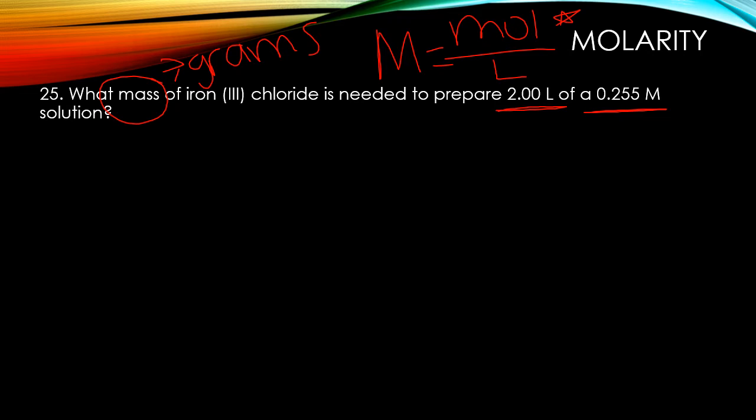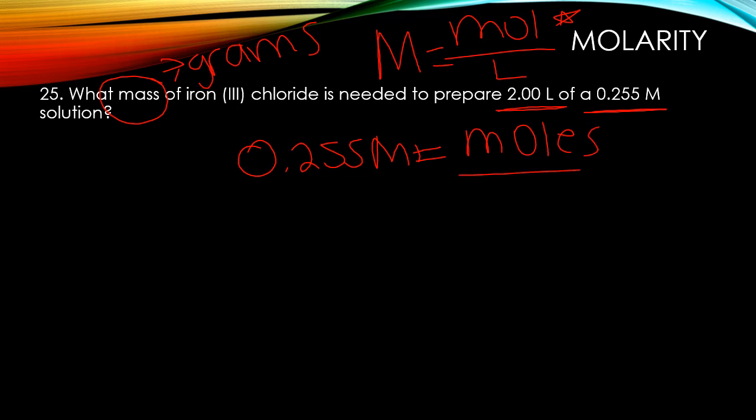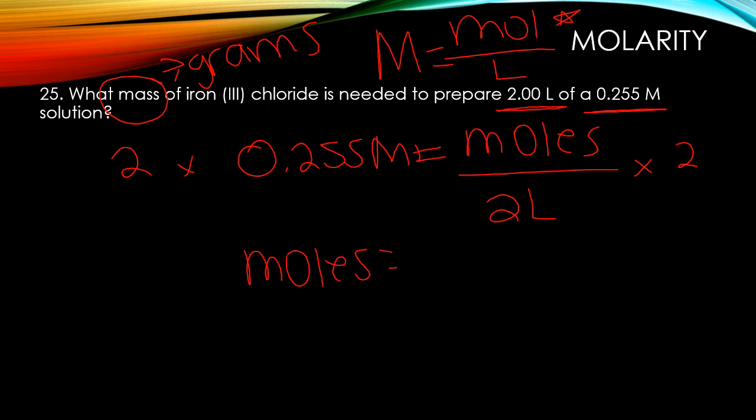And so we will have to solve for moles first, and then we can solve for grams. Okay, so I have my molarity, 0.255 M equals moles over 2 liters. I'm trying to solve for moles, so multiply each side by 2. And then I have moles by itself now. So the moles is 0.51.